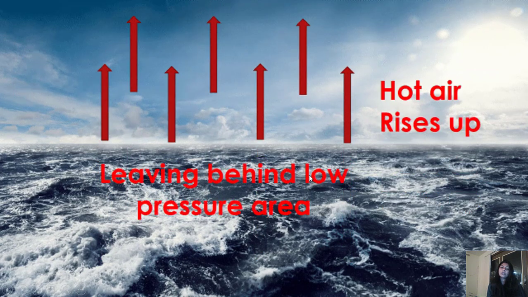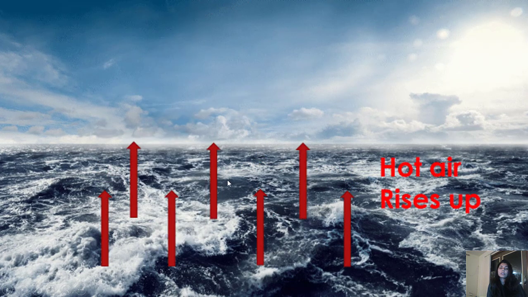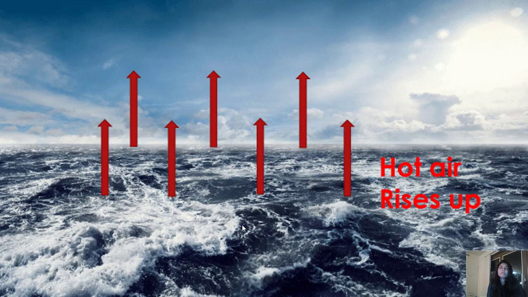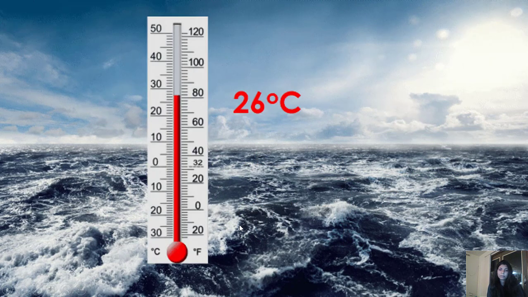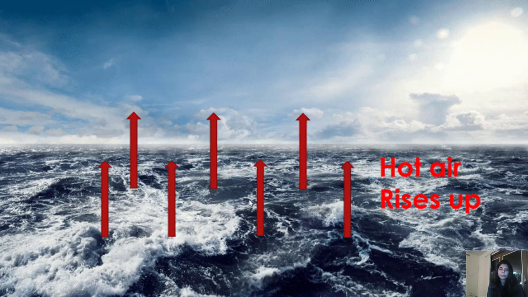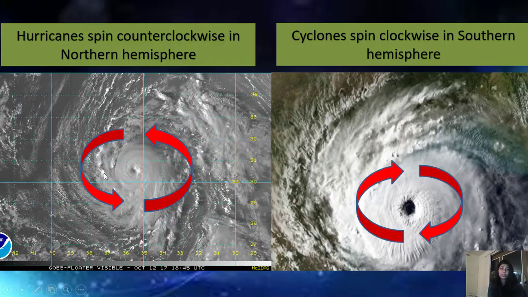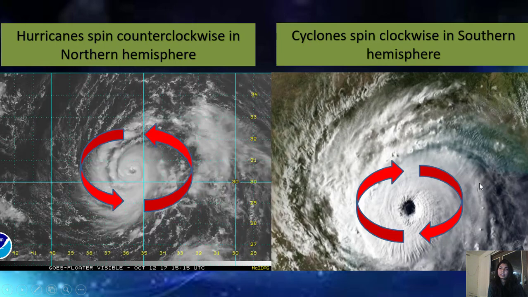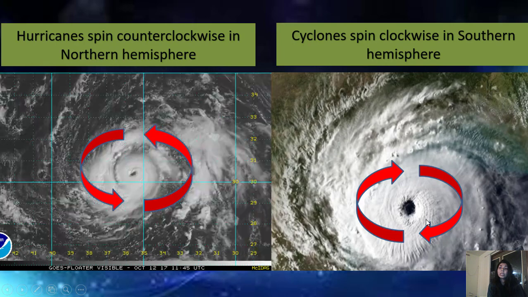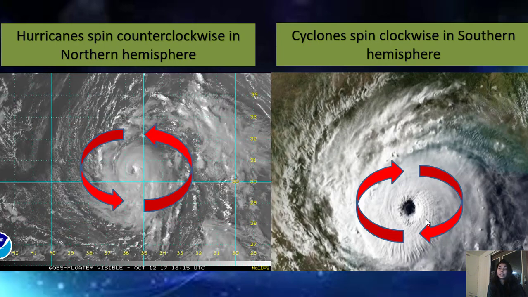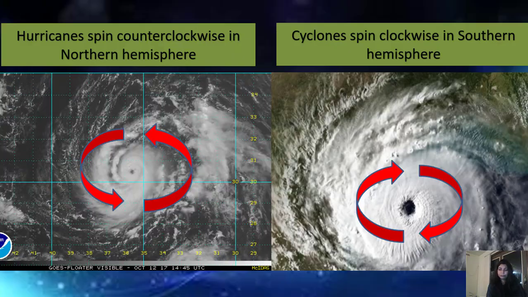So due to the Coriolis effect, they are going to be spinning, right? Because of the deflection, in the northern hemisphere they're going to spin counterclockwise, and in the southern hemisphere, they're going to spin in a clockwise direction.